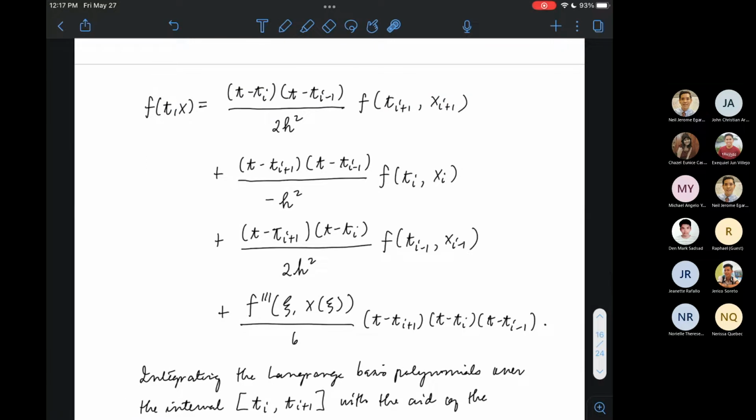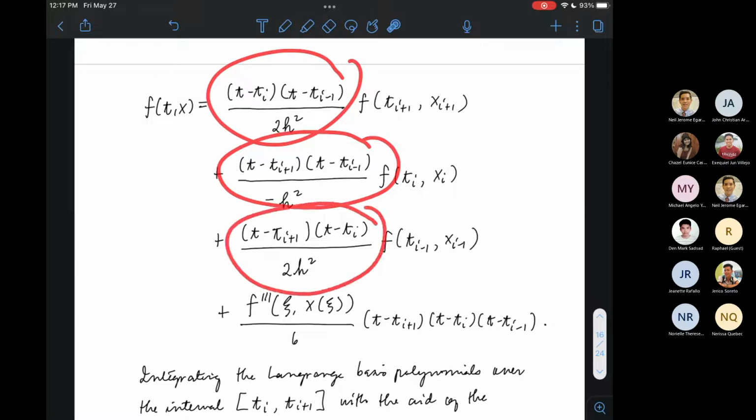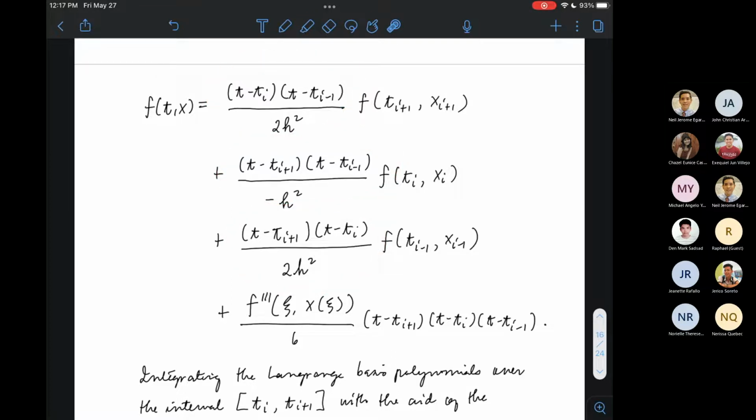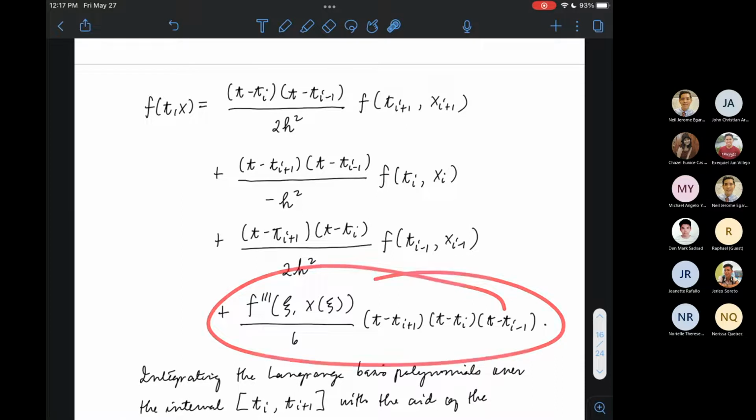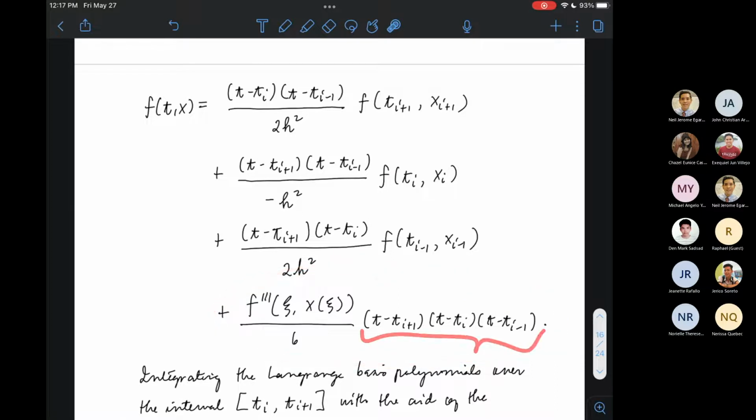Kasi kung 3 interpolatory abscissas, magkakaroon tayo ng interpolating polynomial of degree at most 2. Alright? So yung little l sub j's, yung mga Lagrange basis polynomials, ay degree 2, at ito sila respectively. Alright? Tapos ito naman yung error term. So makita nyo, ito ay isang cubic polynomial. Alright? And that is to be expected.